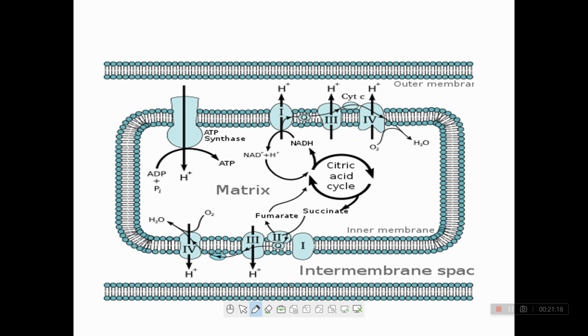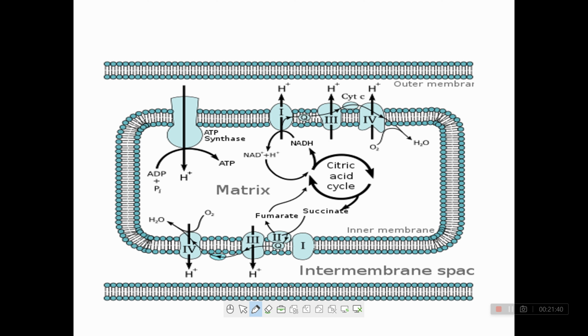In oxidative phosphorylation, there is a series of complexes, that is 1, 2, 3, 4. Complex 1 is for NADH and 2 is for FADH. So the series for NADH is 1, 3 and 4, and for FADH it is 2, 3 and 4.